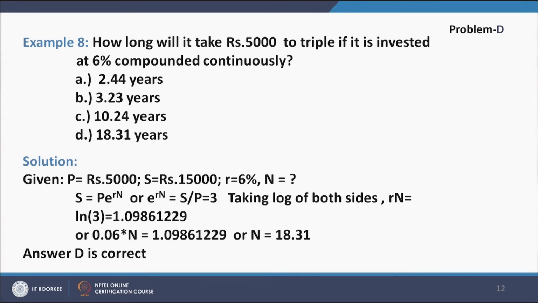So, 0.06, which is the value of R, into N is equal to 1.09861229. So, N is equal to 18.31. So, your answer D is correct. So, it tells that a 5,000 rupees input can be tripled to 15,000 rupees if the nominal interest rate is 6% in 18.31 years if continuously compounded.